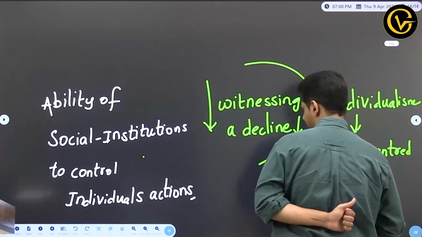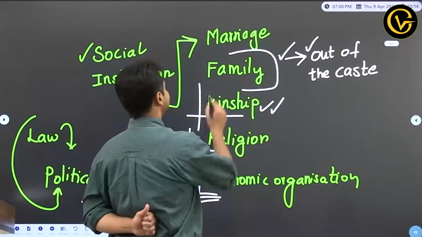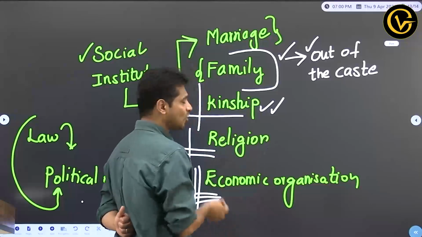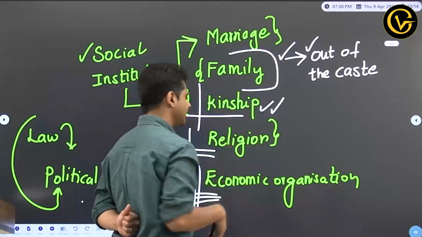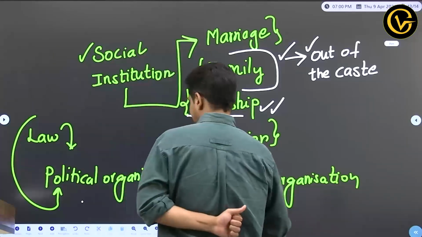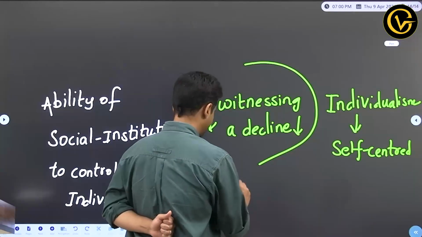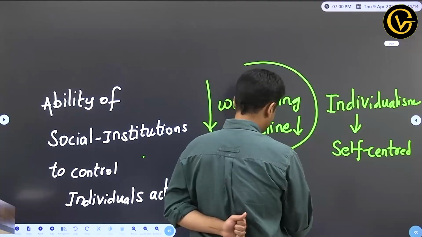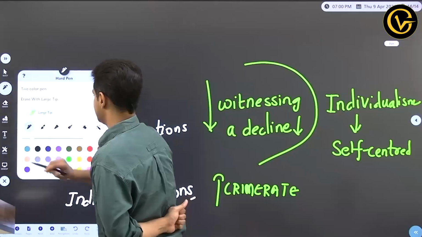When people become very individualistic and self-centered, they no longer fear their family, their spouse, or their relatives, and the God-fearing nature also is gone. That is the reason there is an increase in the crime rate. The reason crime rate is increasing is that society is no longer able to control the individual's actions.